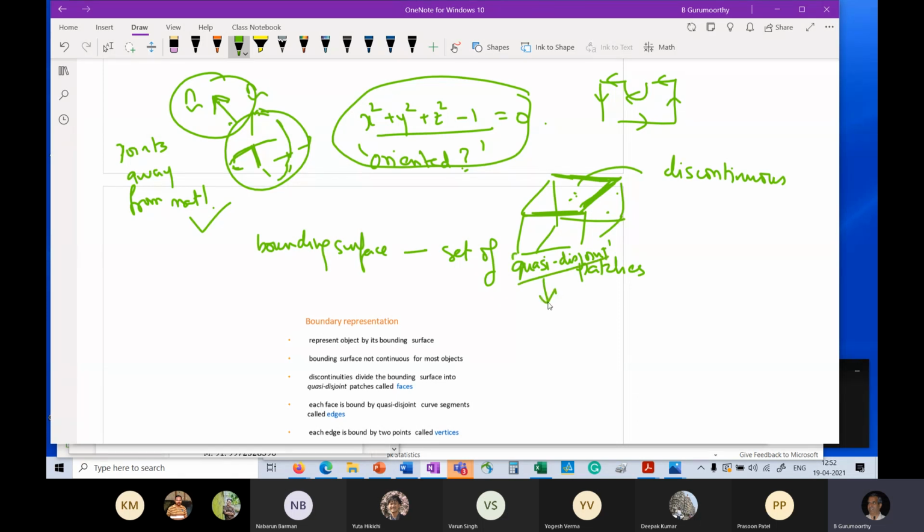By quasi-disjoint, I mean that the patches touch each other only at their boundaries. So that's what is happening here. I have patch 1, patch 2, they touch at this boundary. I have patch 1 and patch 5, they touch each other at their boundary. Likewise, I have 6 patches, each of them quasi-disjoint with the others.